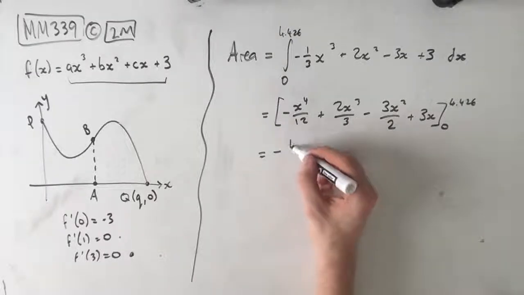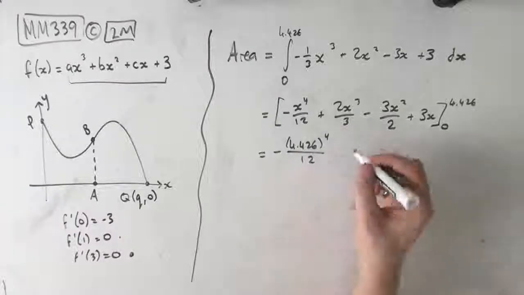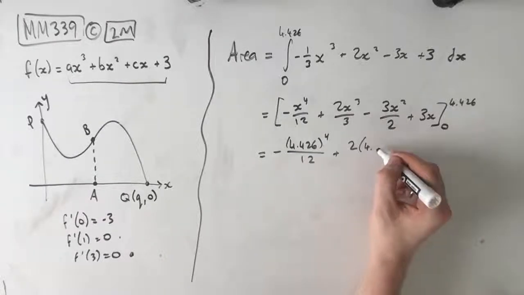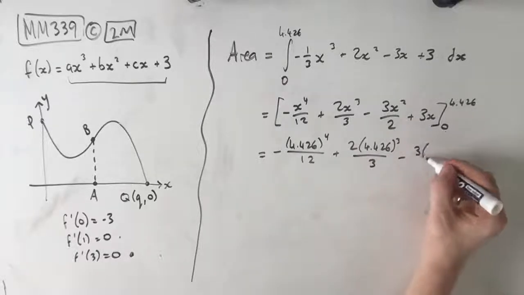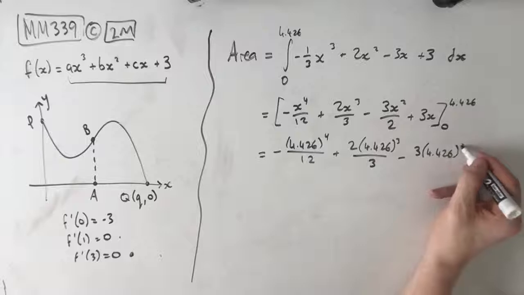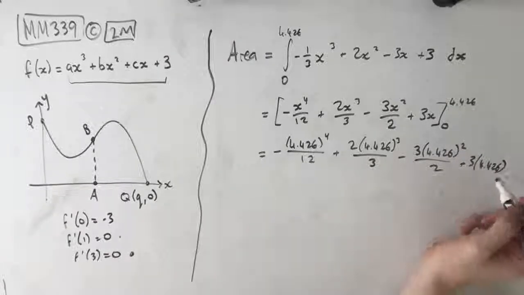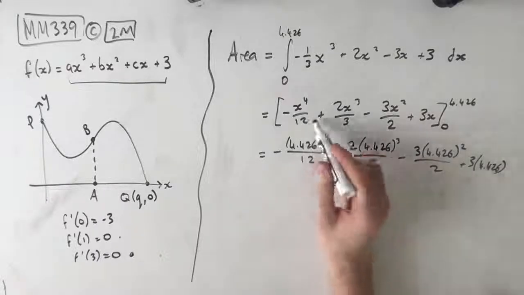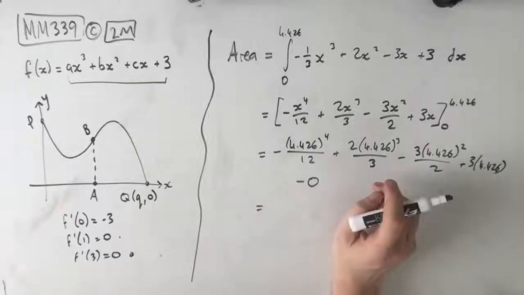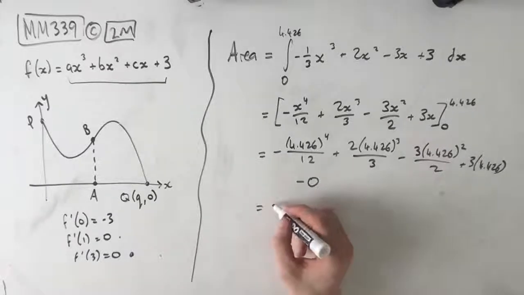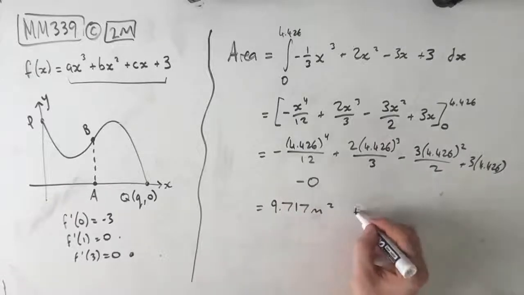So we get negative 4.426 to the power of 4 over 12 plus 2 times 4.426 cubed over 3 minus 3 times 4.426 squared over 2 plus 3 times 4.426. And then we can minus all of these with 0 subbed in, which is simply 0. Awesome. So what does this get us? It results in 9.717 meters squared. So that's our first mark.